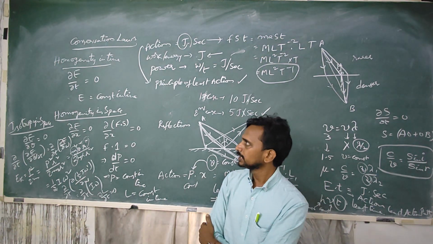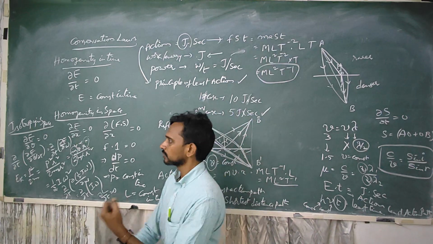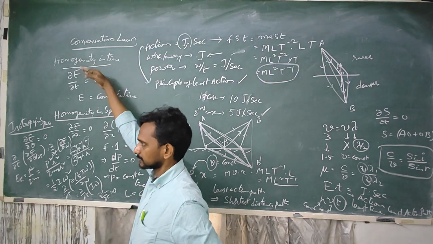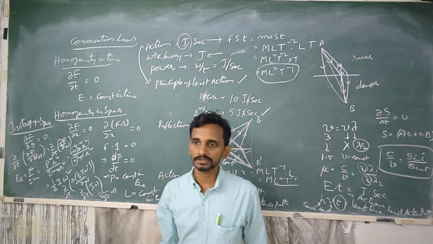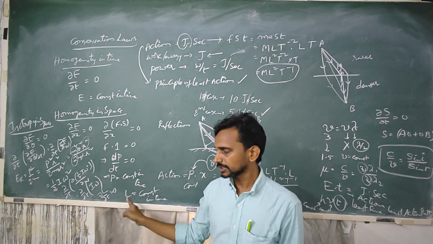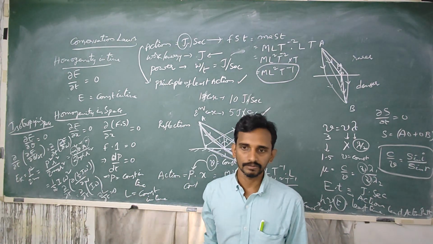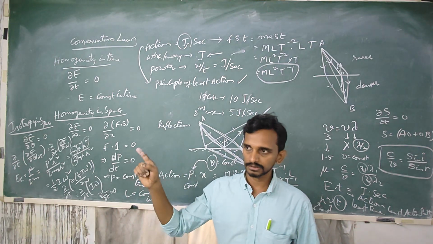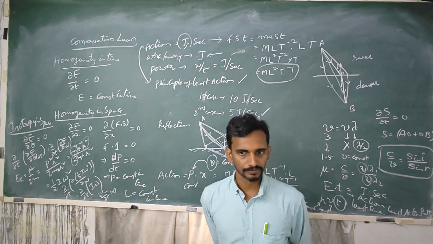So we have to see how energy varies as a function of time and as a function of space. And we have to see what remains constant as a function of time, because the ultimate aim is to study the system as a function of time.